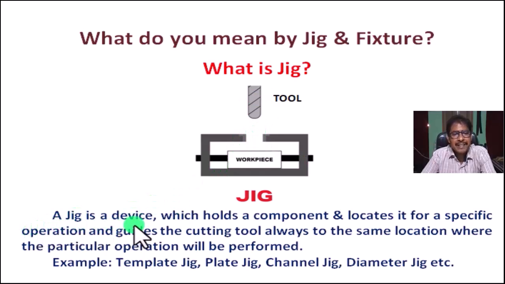A jig is a device which holds a component and locates it for a specific operation and guides the cutting tool always to the same location where the particular operation will be performed.